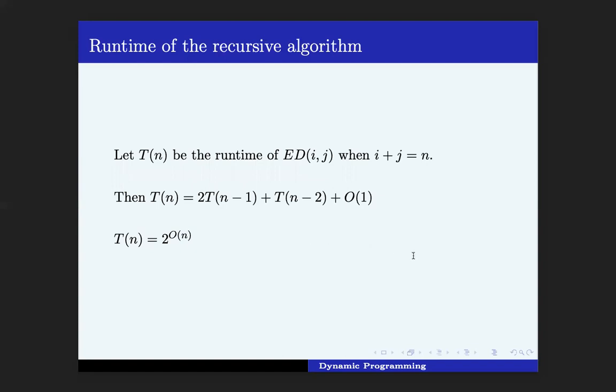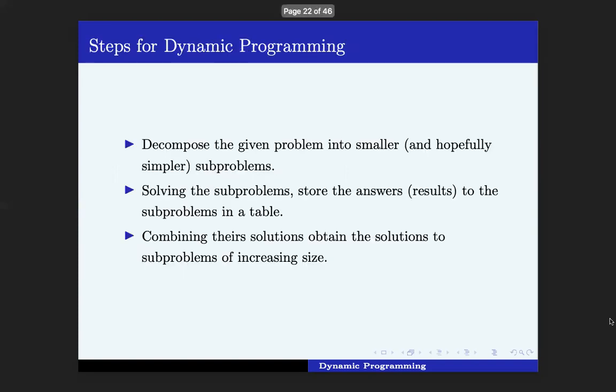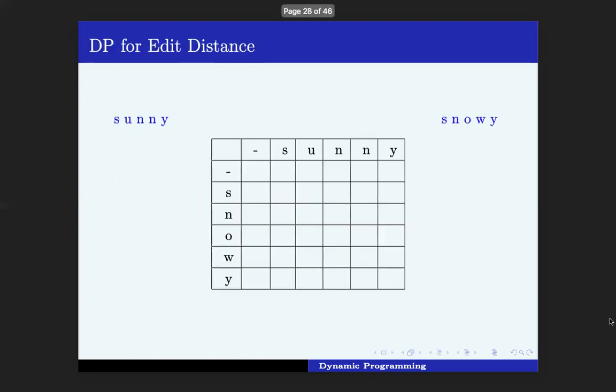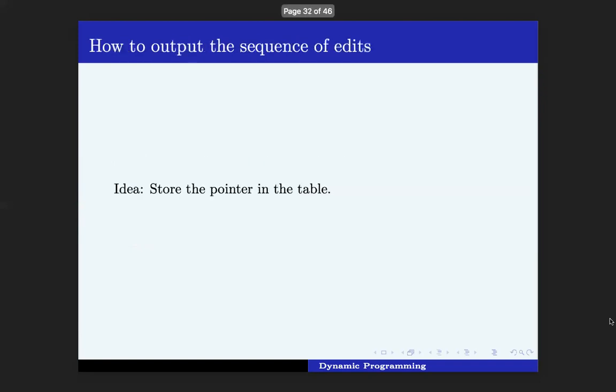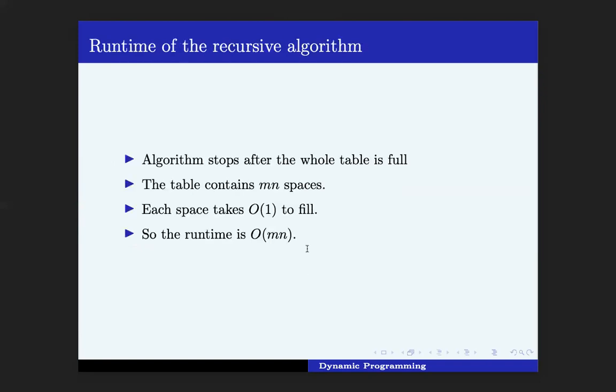But when we are storing, then the time complexity goes down to order nm. So you make a sudden jump from exponential to polynomial by just storing the data. And that is basically the trick of dynamic programming. That's it.